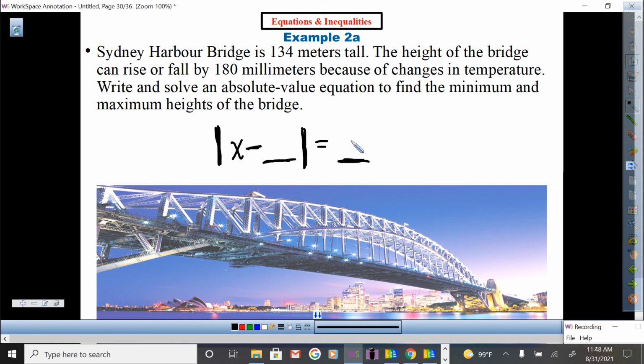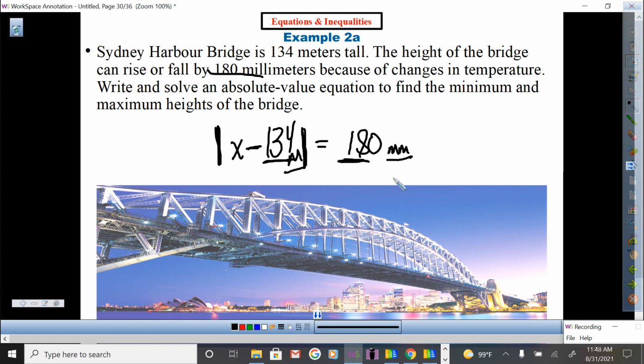So I would write that right here, 180 millimeters. So if this goes there, what goes here? 134. Copy that, please. Example 2A. This is meters. Now, mind you, we can't solve it yet because they need to have the same measurement. Are they the same measurement? No, this is in meters, this is in millimeters, and we just need to convert it.